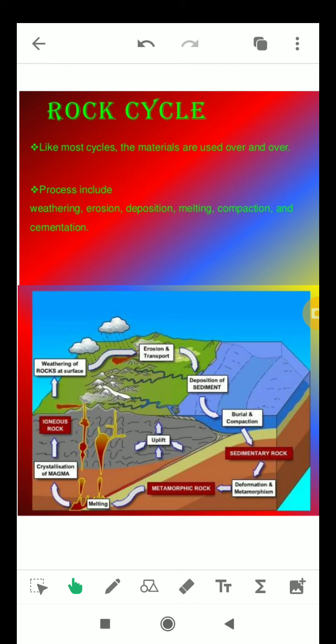So in this chapter, we can take an overview of what we have learned. We came to know that the earth has a layered structure like concentric shells: crust, mantle, core. Core is of two types, outer core and inner core.